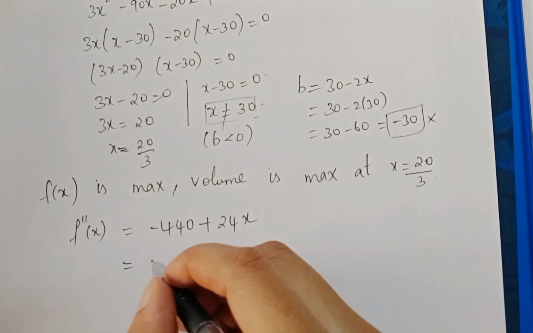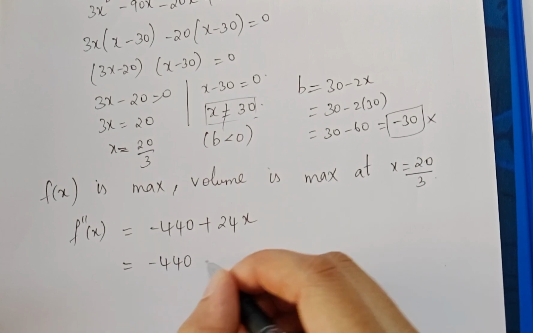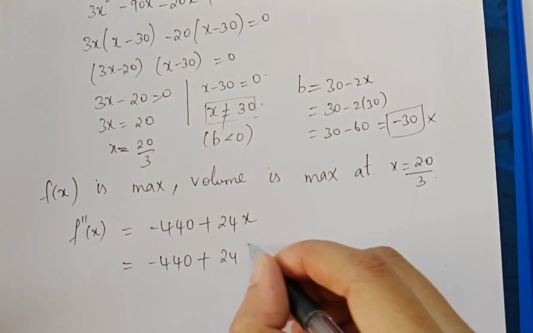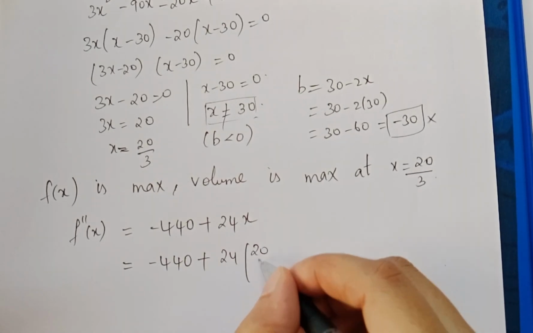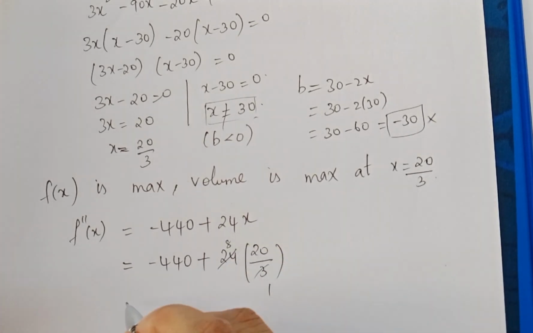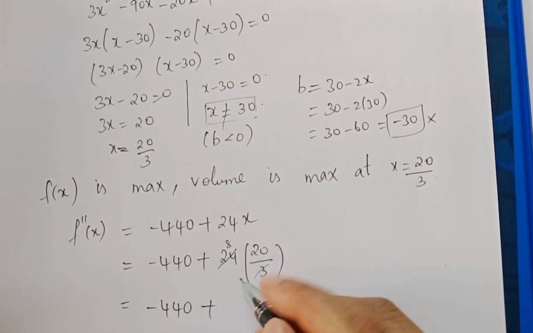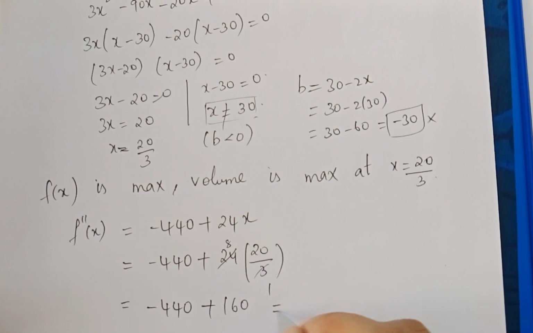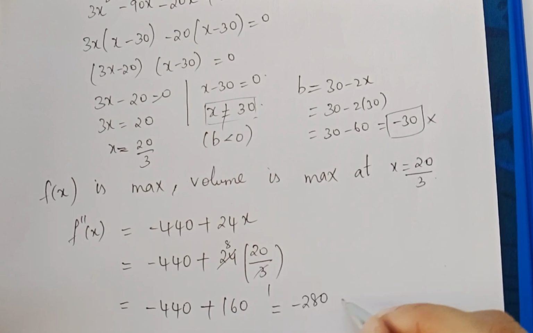Substitute the value of x, so it is minus 440 plus 24 into 20 by 3. 3 eights are 24. So it is minus 440 plus 8 into 20, which is 160. Subtracting, we get minus 280, which is less than 0. So the function is maximum at this value x equals 20 by 3.